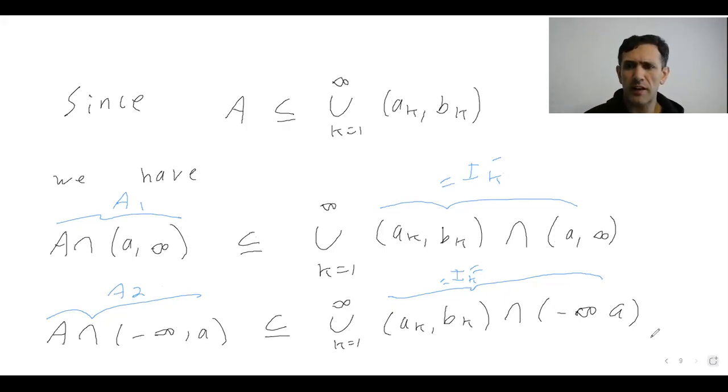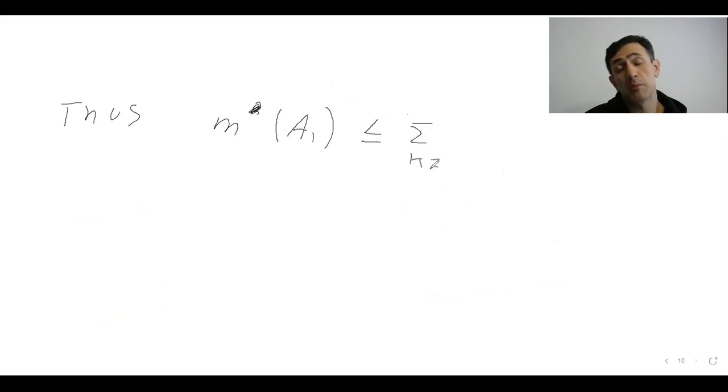These are open intervals that cover respectively big A1 and big A2. So we can use the definition of outer measure as an infimum. By nothing but the exact literal definition of outer measure, it's the infimum of all possible countable sums of lengths of covers of A1. Well, this is one of them.